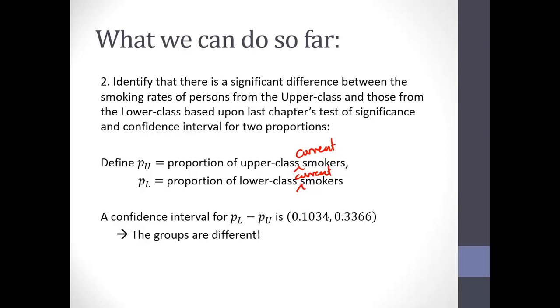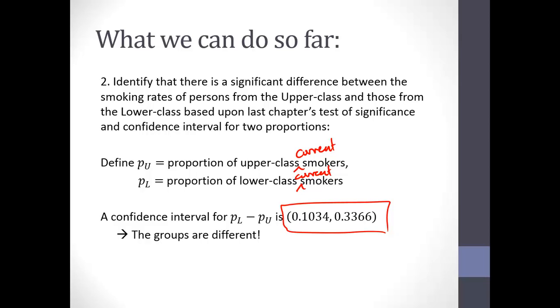So if this is my confidence interval for the difference between the lower and upper class current smokers, how does that confidence interval by itself tell me that there is a significant difference here? Right, the confidence interval does not include 0, so you're not saying that difference could possibly be 0.